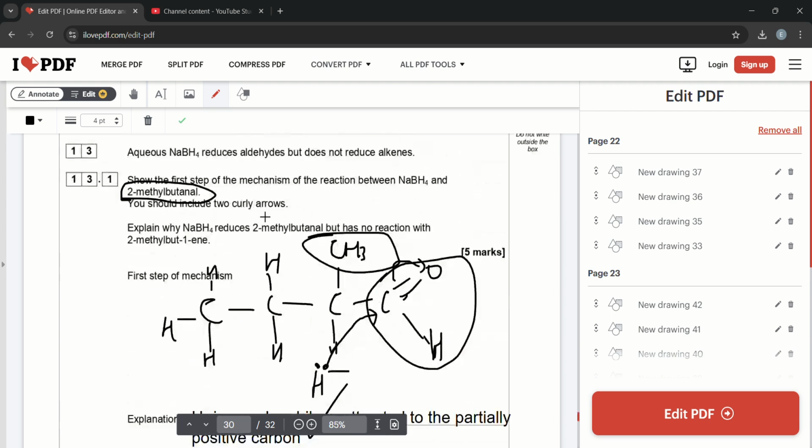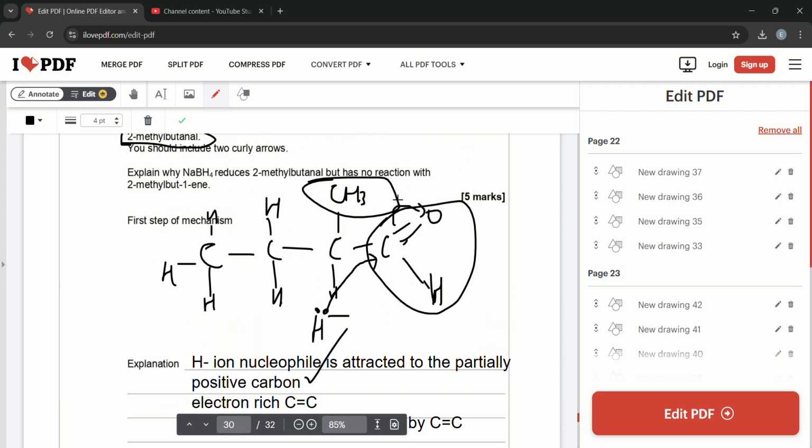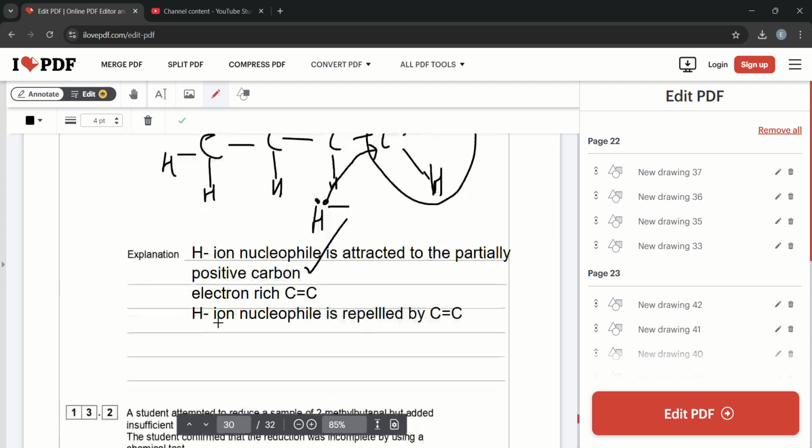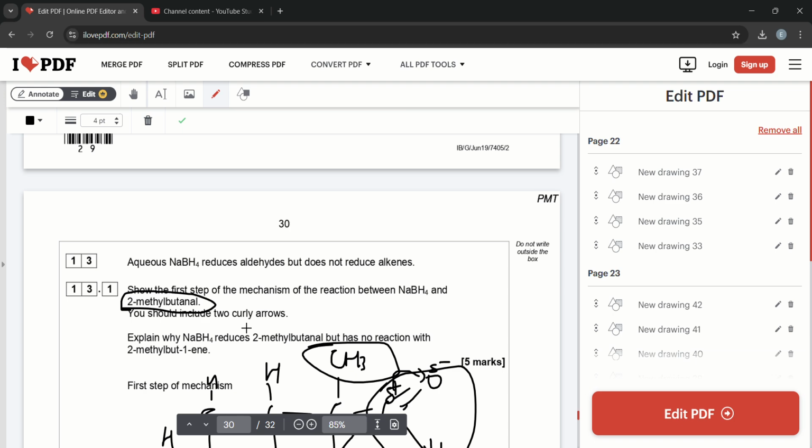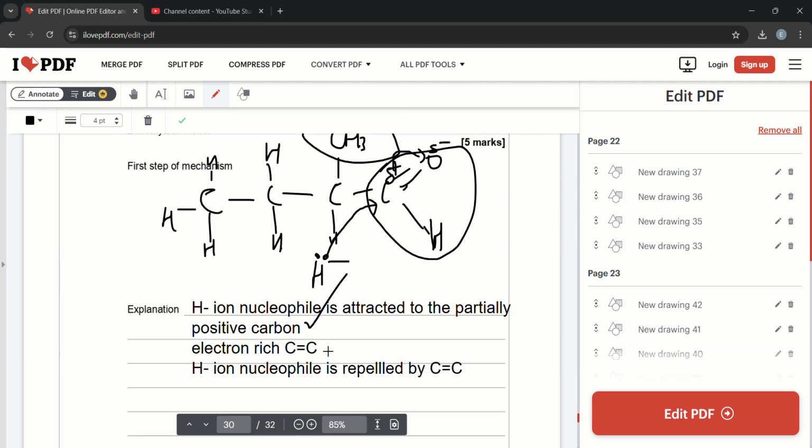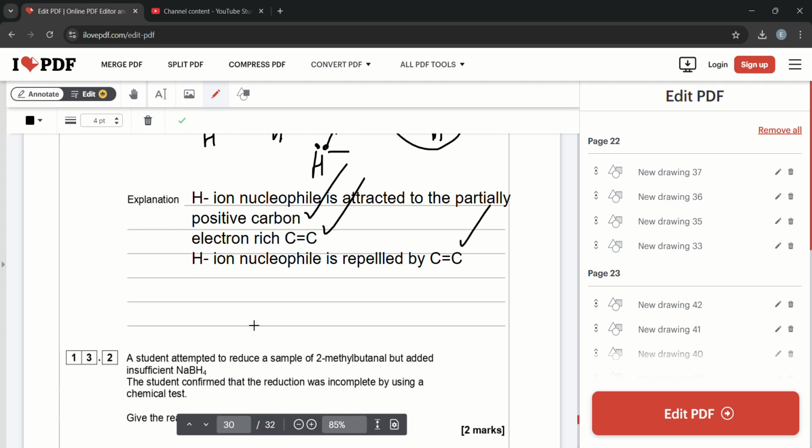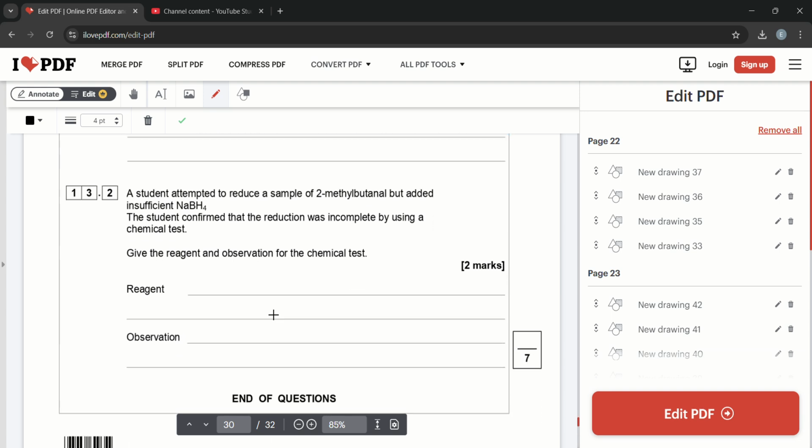That's why the mechanism happens. However, with 2-methyl-butanol, it's got an electron-rich carbon double bond carbon, and the H- ion nucleophile is repelled by the carbon double bond carbon.